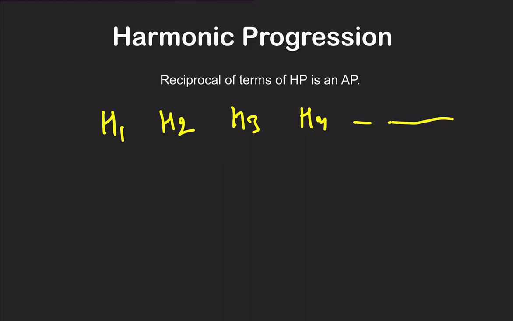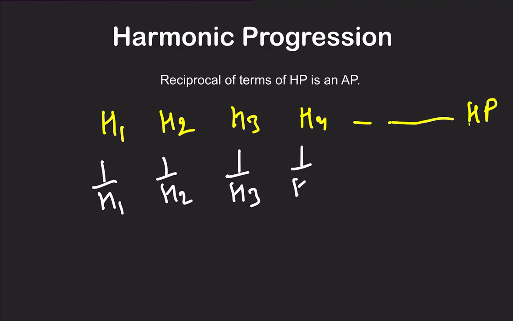How can you say this is a harmonic progression series? You do one thing. You take the reciprocal of all the numbers: 1 by H1, 1 by H2, 1 by H3, 1 by H4 and so on. The series of all these numbers will be an arithmetic progression series. I hope this is clear.